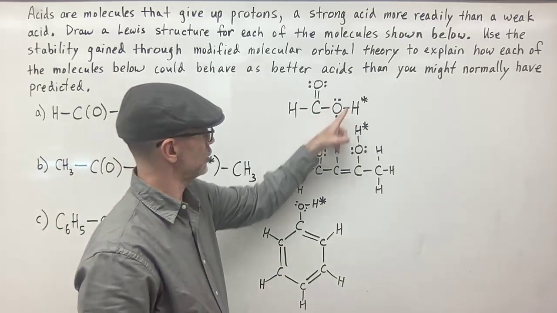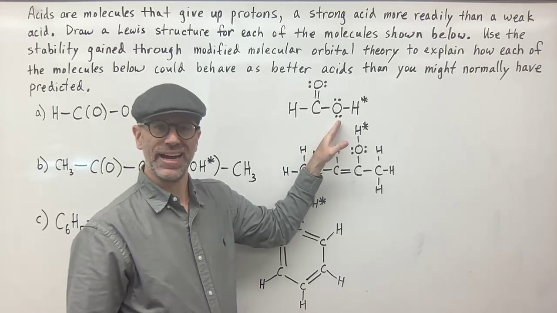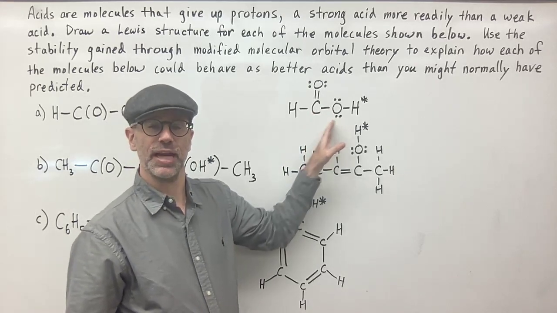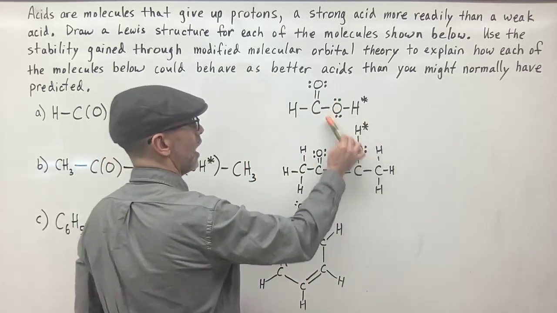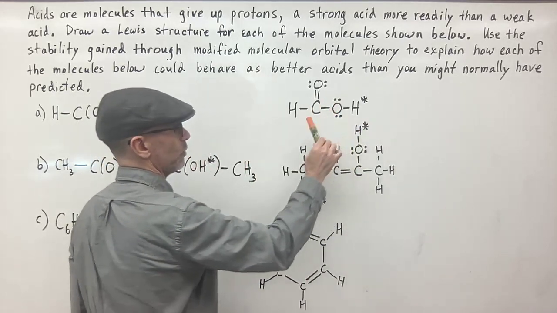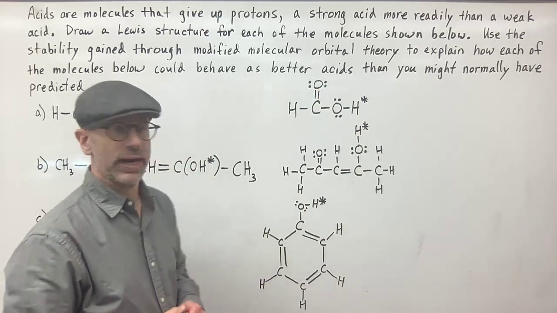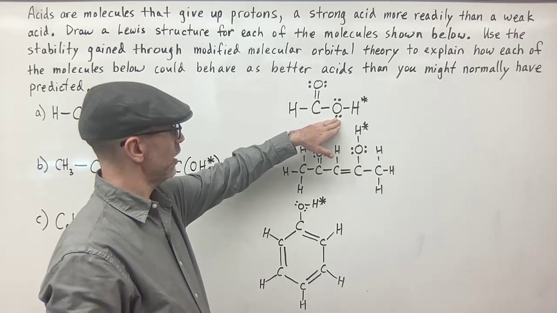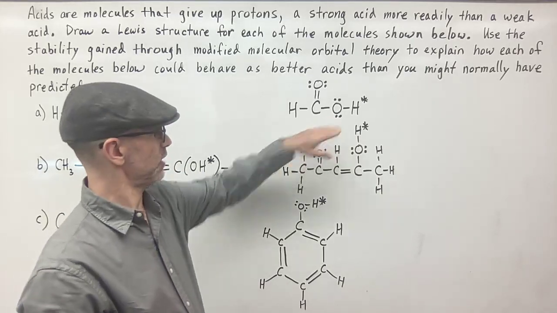And then this oxygen, according to the way it's drawn here, has sp3 hybridization. However, this oxygen can also form a double bond because there's resonance here, right? So this has some sp2 character.